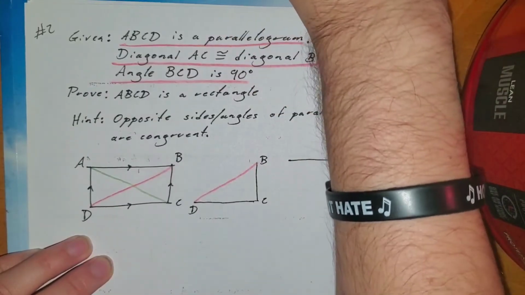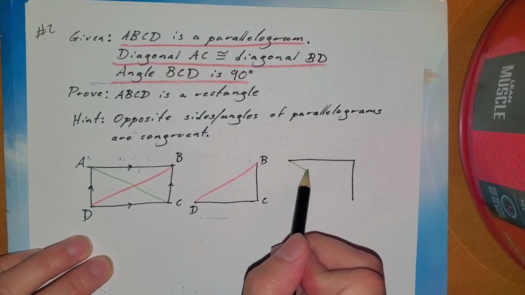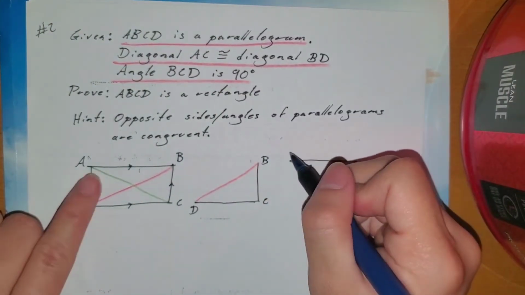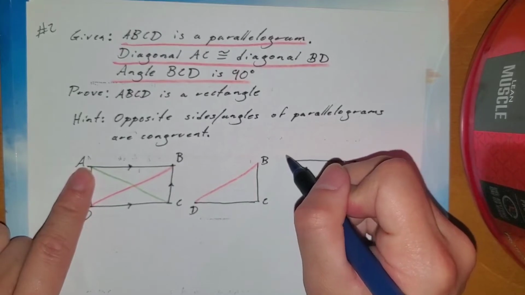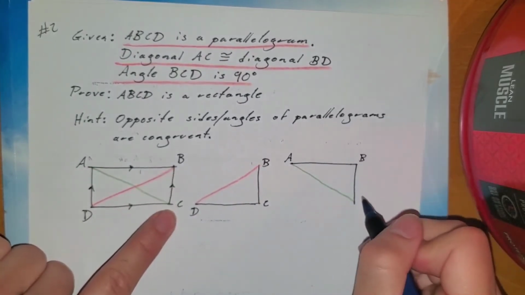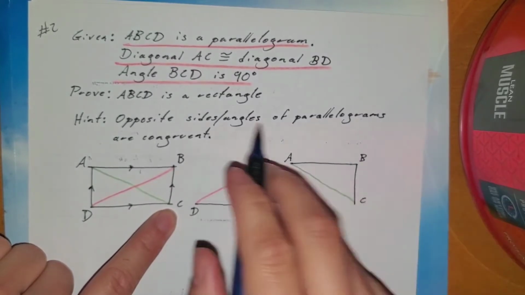It looks something like this, and there is the green diagonal. So that means this has to be A, this has to be B, and this has to be C.